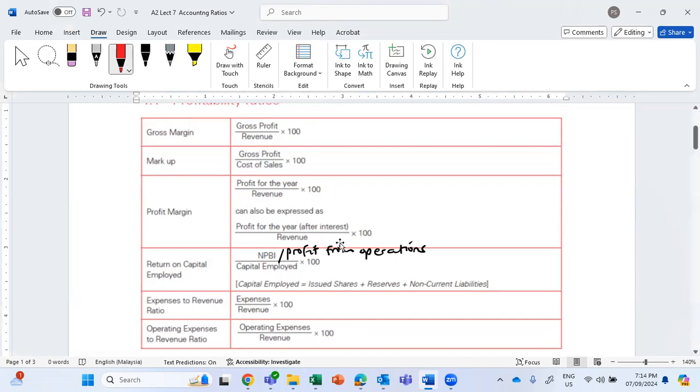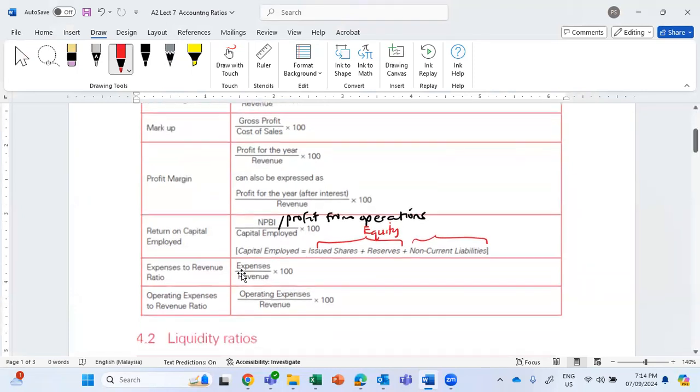Okay, so profit from operation divide capital employed times 100%. So capital employed here means capital as in equity, plus non-current liabilities. Okay, right.